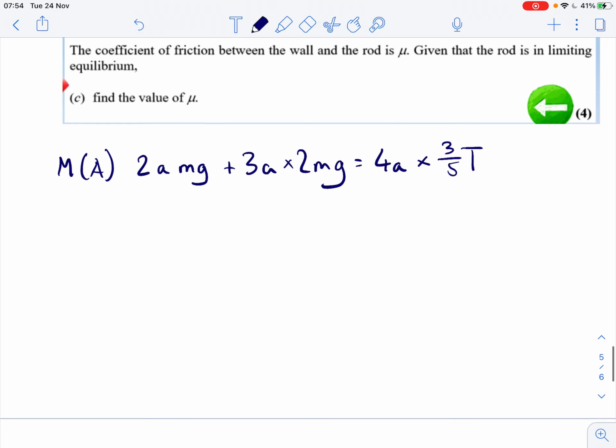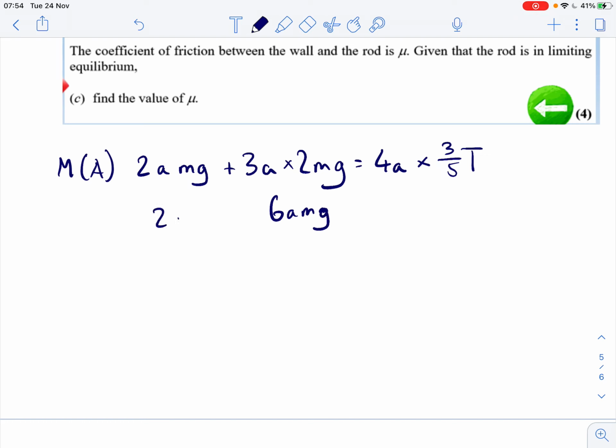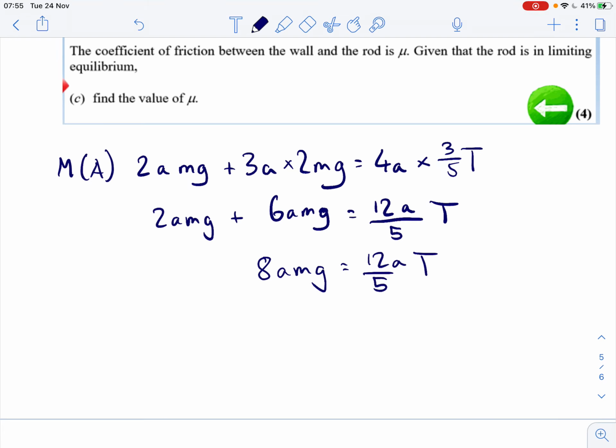Okay, so let's work out what all of this will be. This will be 6A mg and 2A mg, and that will equal 12A over 5T. Now, we could simplify this into 8A mg equals 12 over 5AT.